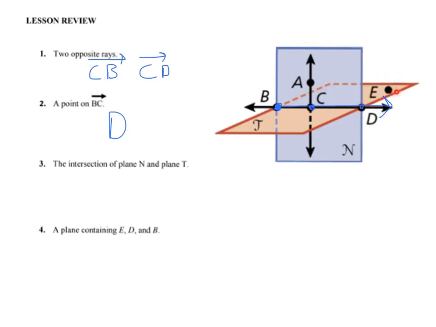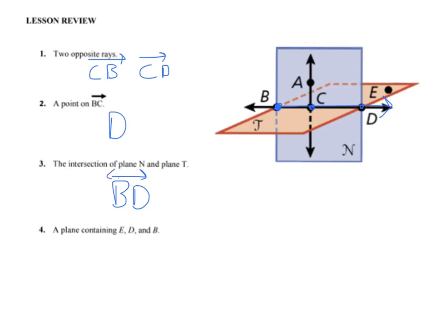That point E is not on plane N, and this point A is not on plane T. So the points that are on both of them seem to be B, C, and D, which are all collinear, which means I can name that exact line using any 3 of those points. So I'm just going to call it line BD, and it's a line, so we need the double arrowhead.